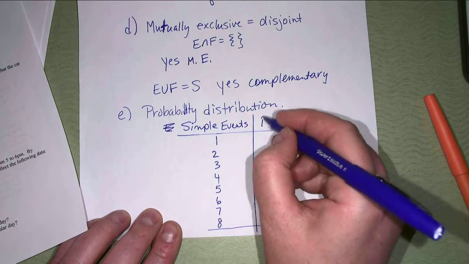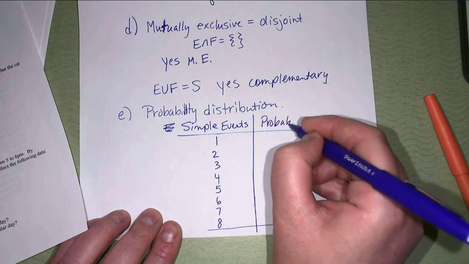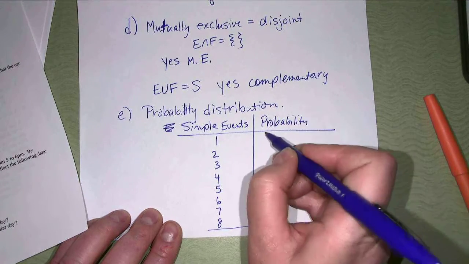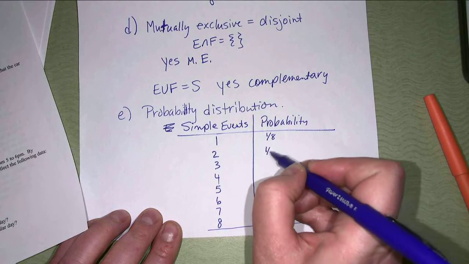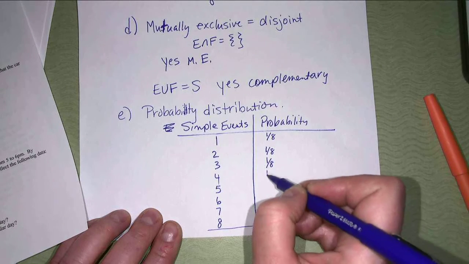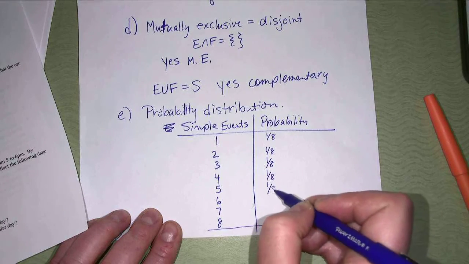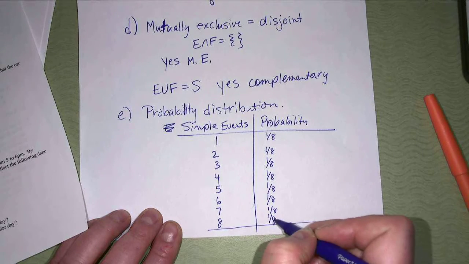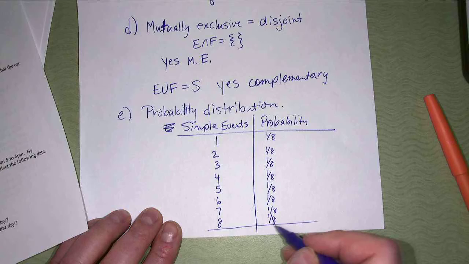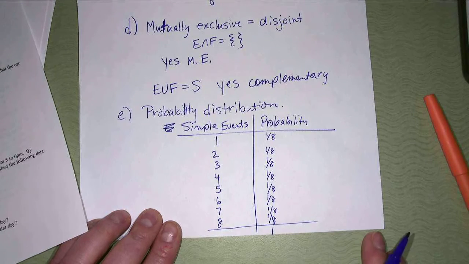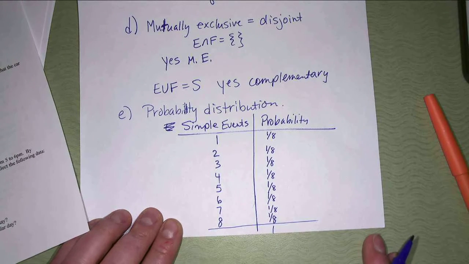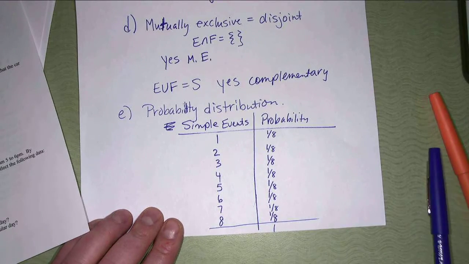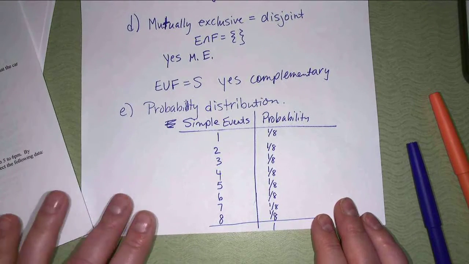And then the probability of each: 1 out of 8, 1 out of 8, and so on. They're all the same. And they add up to 1, or 8 out of 8, which is 1. So that's all they mean by that probability distribution.